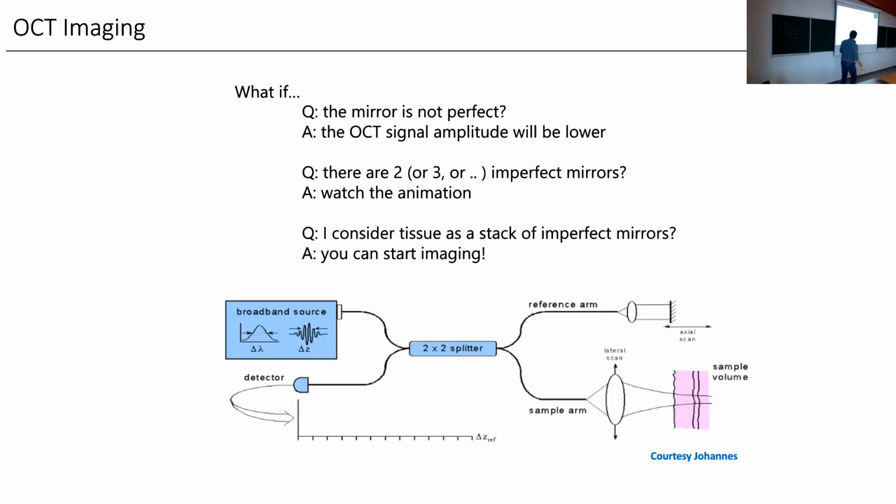If I have 3 or 4 or whatever perfect mirrors, then I will see these interference patterns at different positions. So the final step in this process is to model tissue as a stack of perfect mirrors. That will allow me to image the reflection.